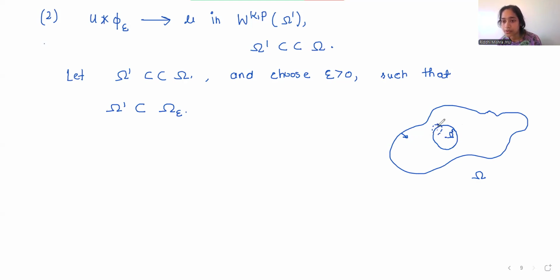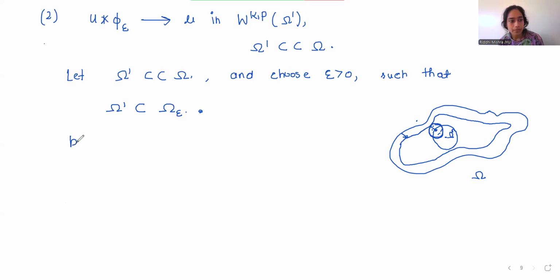I want to make sure that for this point, if I make a ball, it should not go outside my domain omega. So I will cover this with omega epsilon, so that if I make the epsilon radius ball, it will be inside this omega epsilon.